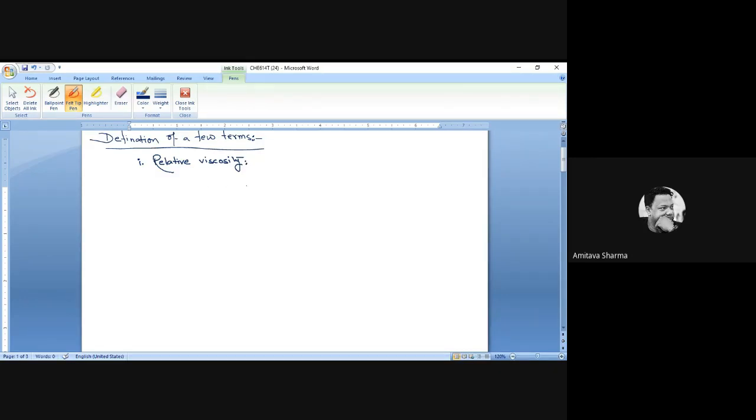So the relative viscosity, that is eta R, can be defined as eta by eta 0.